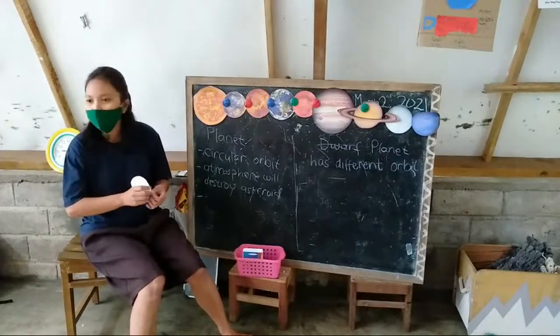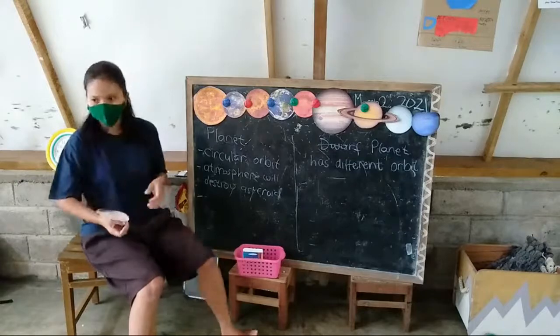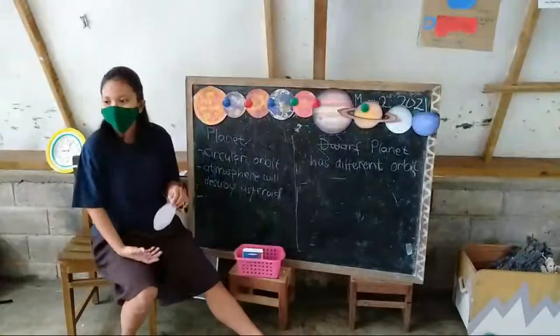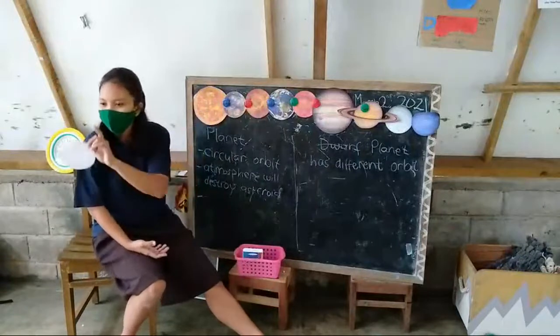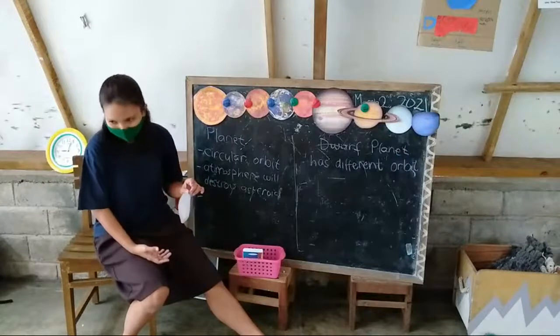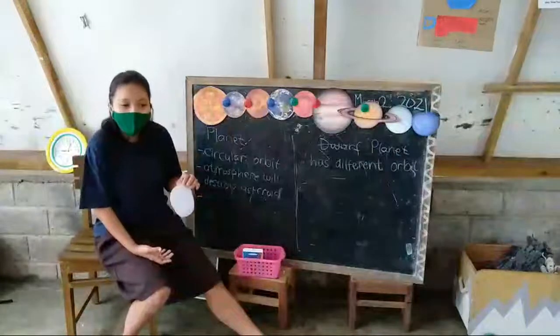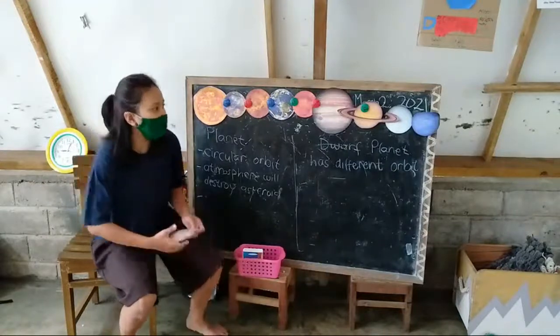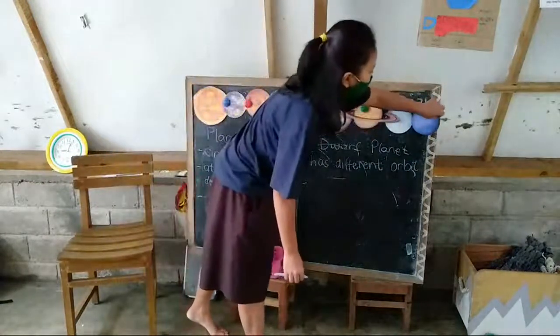Where is Pluto located? Do you still remember? Yes, Maxi? Behind Neptune or after Neptune? After Neptune. So, I will take Neptune.